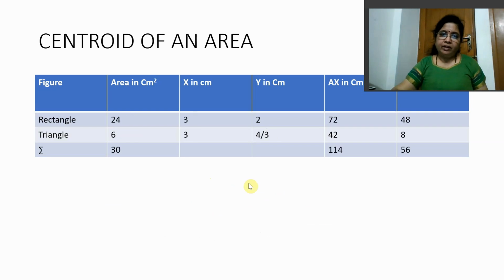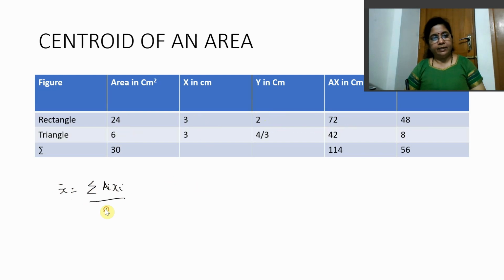So now having filled this, I filled up the table for you. Area, x, y, ax, ay. So what should you do then? Sigma, sorry, x is equal to sigma ai xi divided by sigma ai. So sigma ai xi is 114 divided by 30, and that would give me 3.8 centimeter.